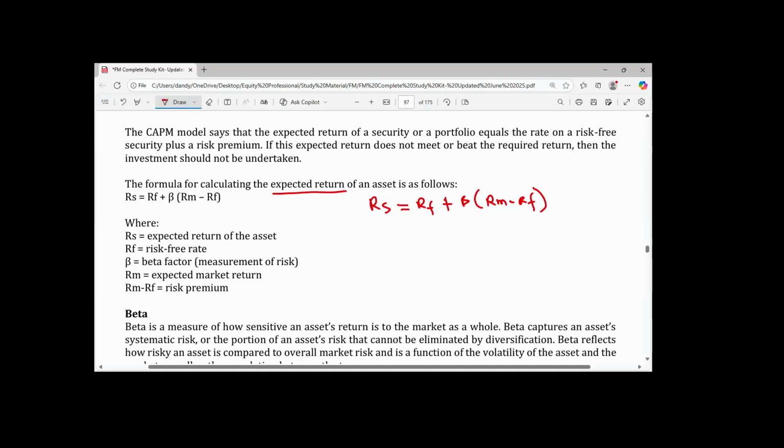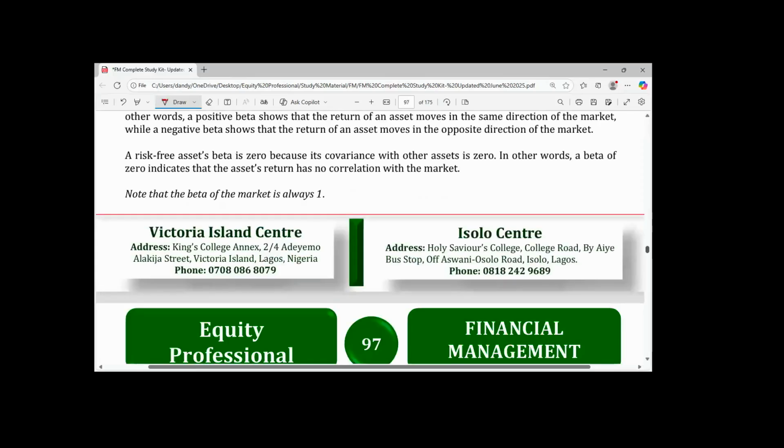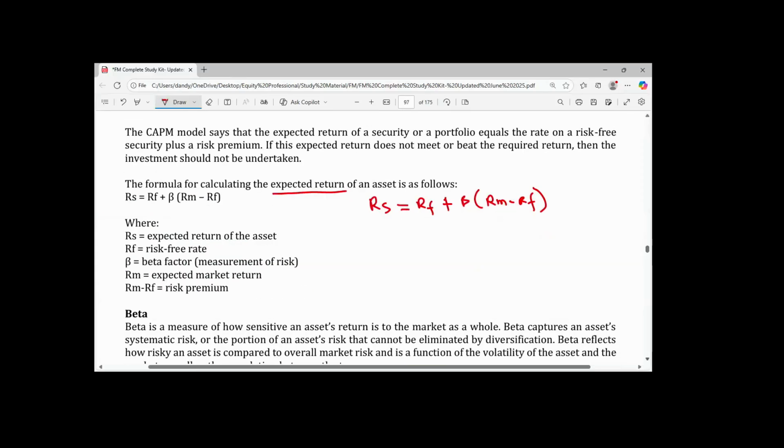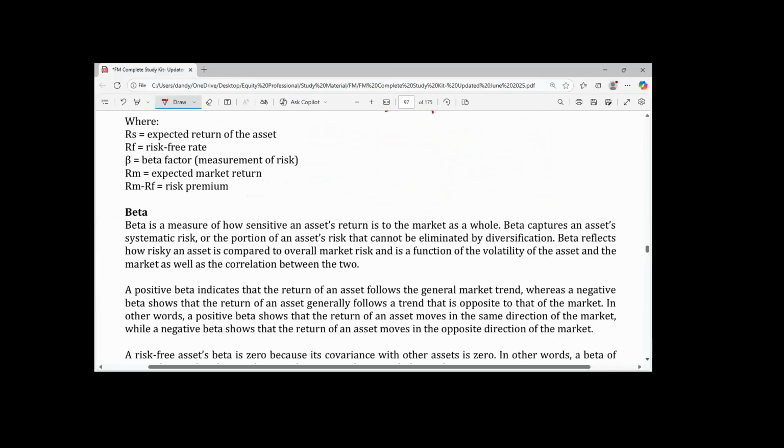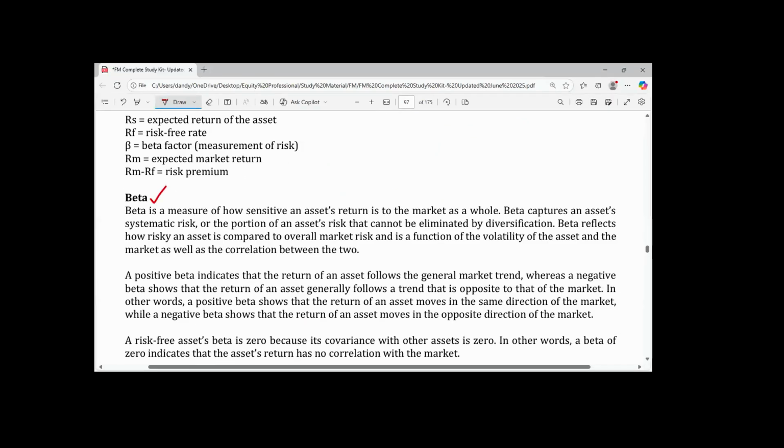Now, how do you remember what I told you? There are two sides of CAPM. We said that CAPM is a model designed principally to establish the relationship between the expected return of a given asset and the systematic risk. So the risk aspect of CAPM is known as the beta, and beta measures the sensitivity of an asset's return to that of the market as a whole.